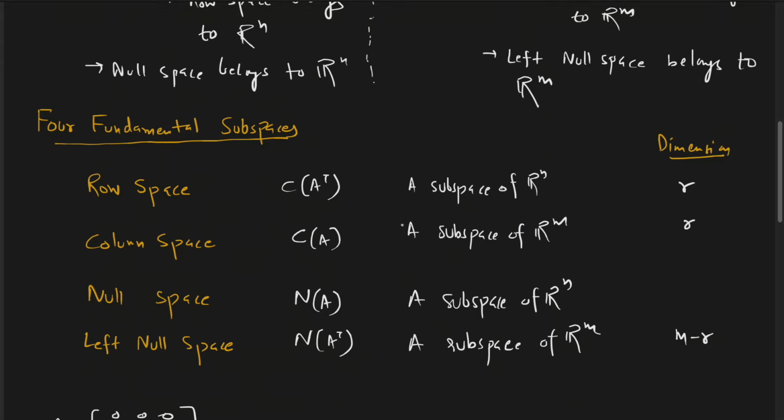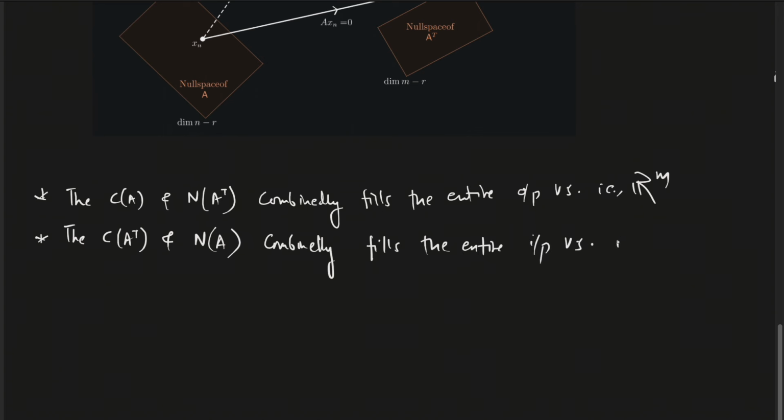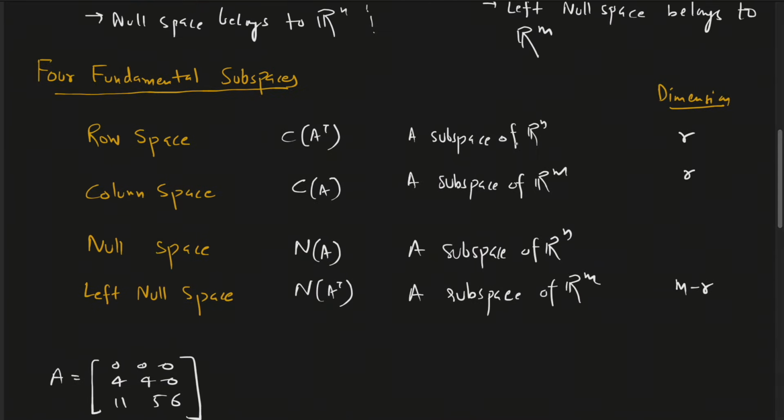So similarly, we can say that the row space and the null space combinedly fill the entire input vector space, that is Rn. So if the dimension of the row space is r, then the dimension of the null space is n minus r.